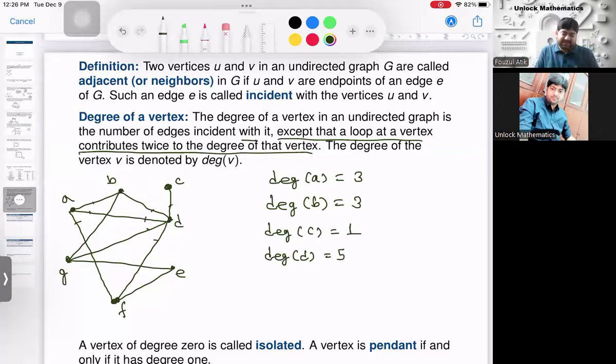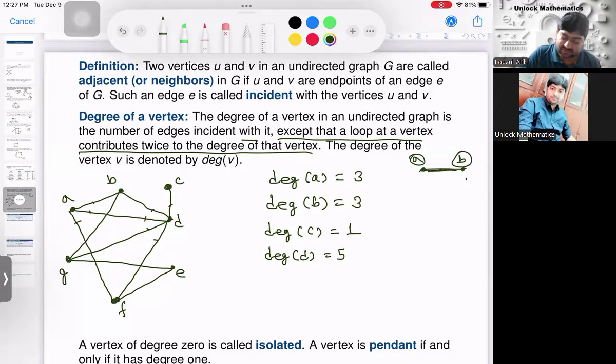Now check that each edge is contributing. Suppose I have one edge in this graph between A and B. What is the degree of A? 1. Degree of B also 1. So one edge contributes degree 1 to one end vertex and degree 1 to its other end vertex, right? So each edge is capable of contributing degree 2 to its end vertices.